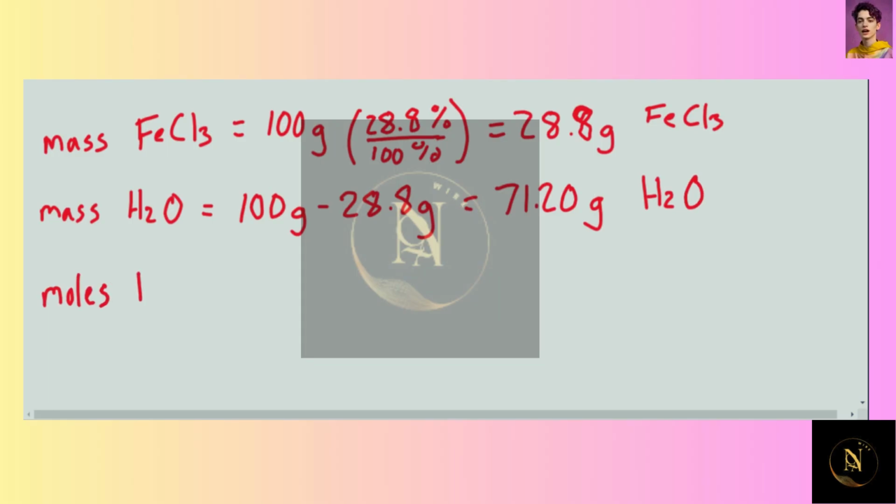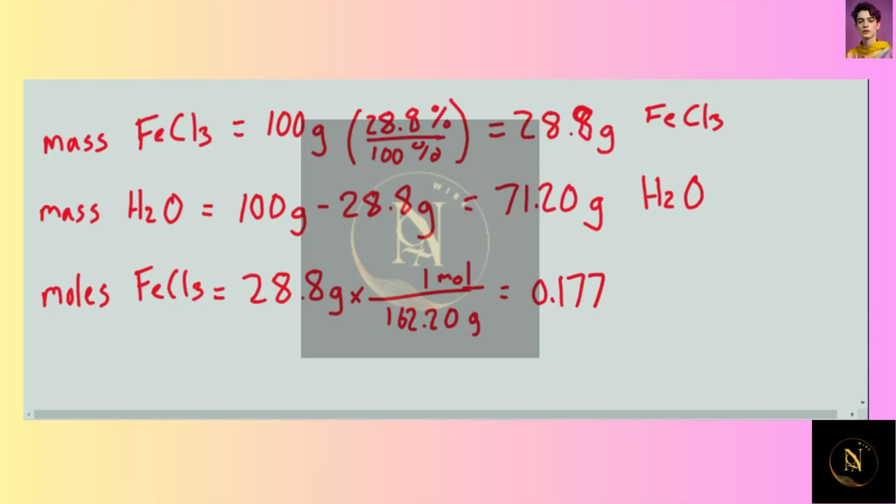First, moles of iron chloride. We take the mass, 28.8 grams, and divide it by the molar mass, which is 162.20 grams per mole. And that gives a value of 0.1776 moles.